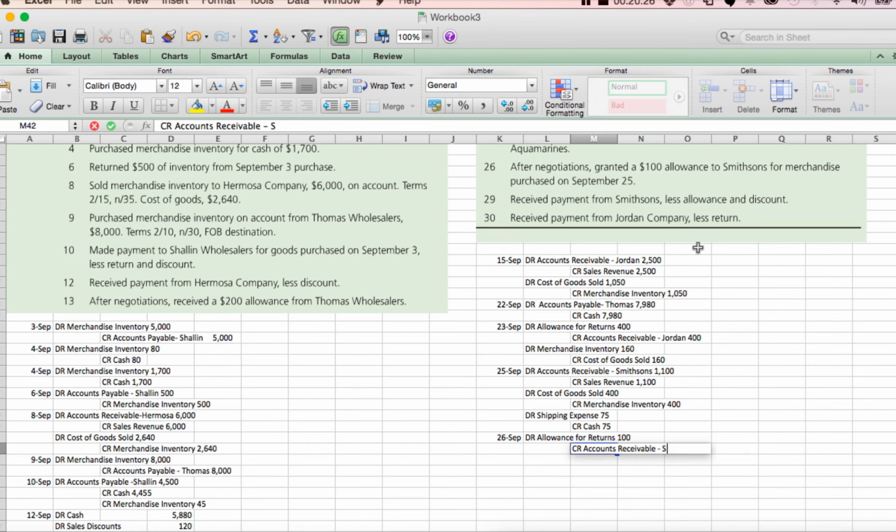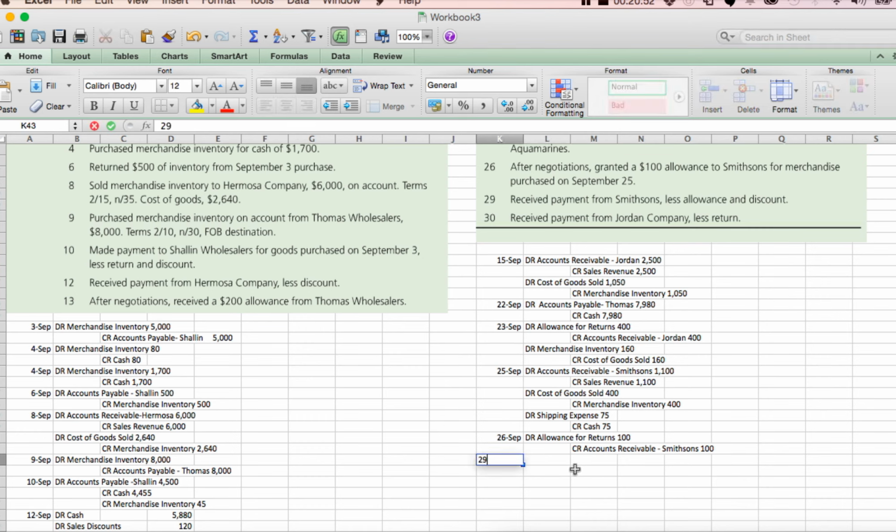Smith Sons for 100. Okay, that's what that one will look like. Since we're not actually receiving any merchandise back there, we won't have the merchandise side of that. The cost of goods sold is still going to stay the same.